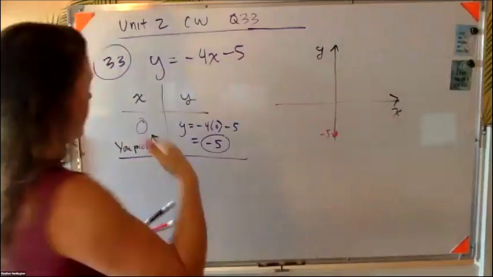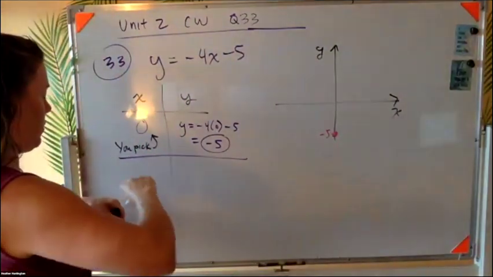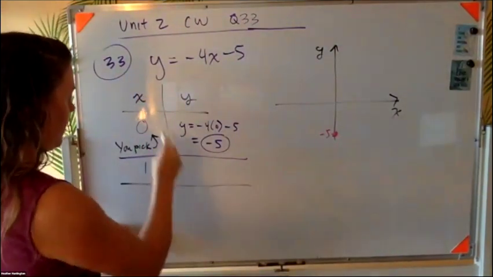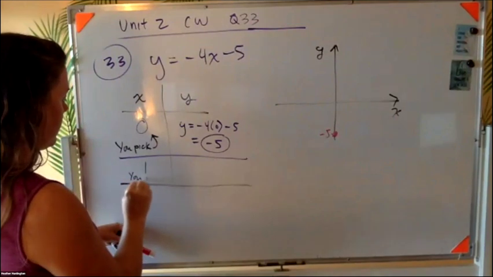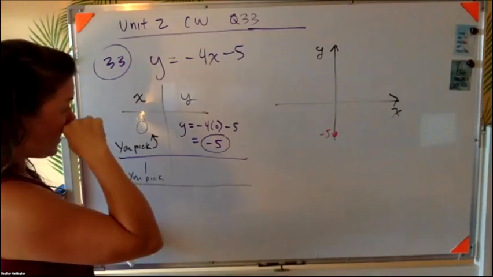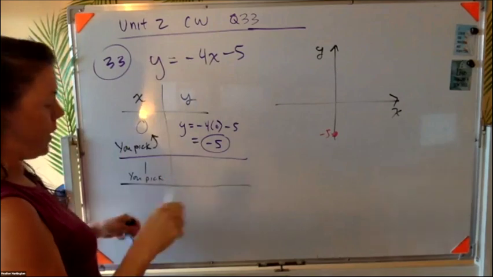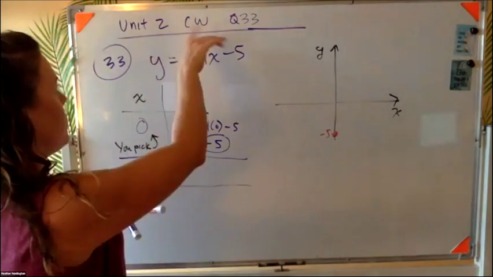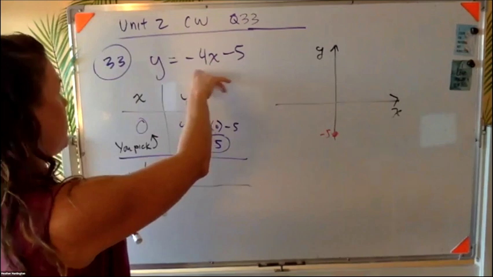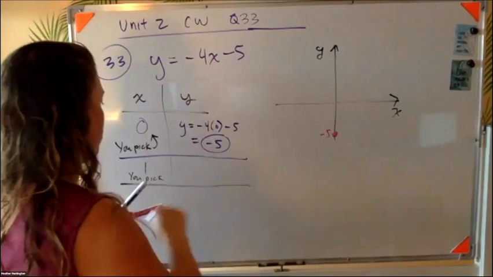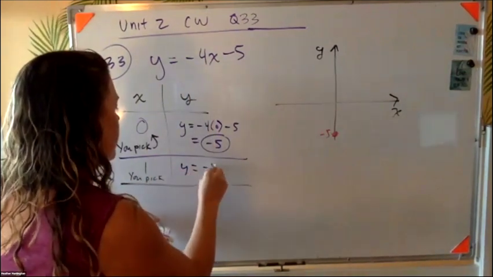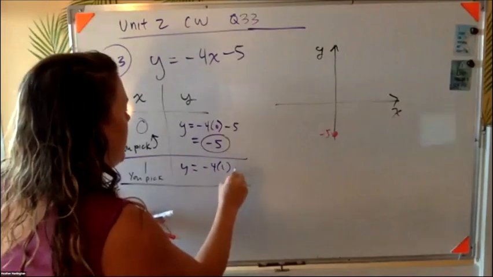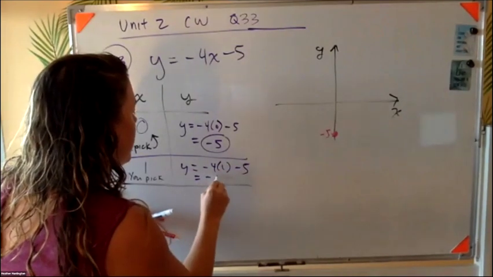And then let's pick 1. Let's just pick easy numbers. And you only need 2 points to find the line in space. So plug in 1 there, it's -4 minus 5, so that means it's -9.